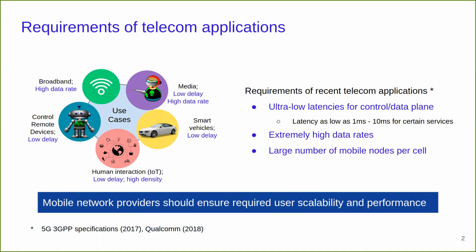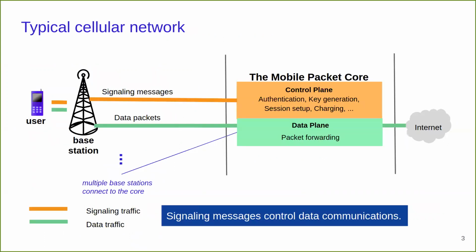I will first give an overview on the mobile packet core. In a typical cellular network, the mobile users connect to the base station and multiple such base stations connect to a single mobile packet core. The control plane of the packet core processes the 4G EPC signaling messages, and the data plane simply forwards the data to and fro the internet.